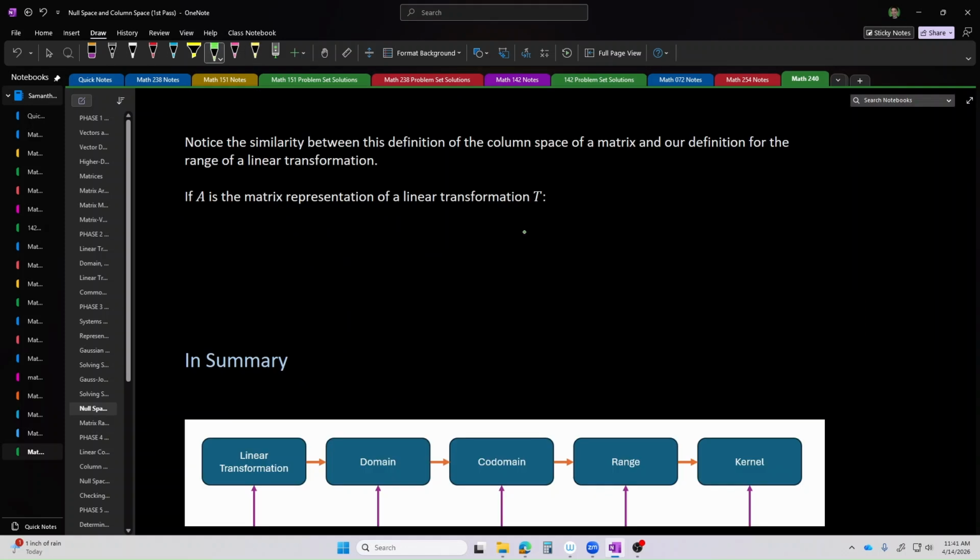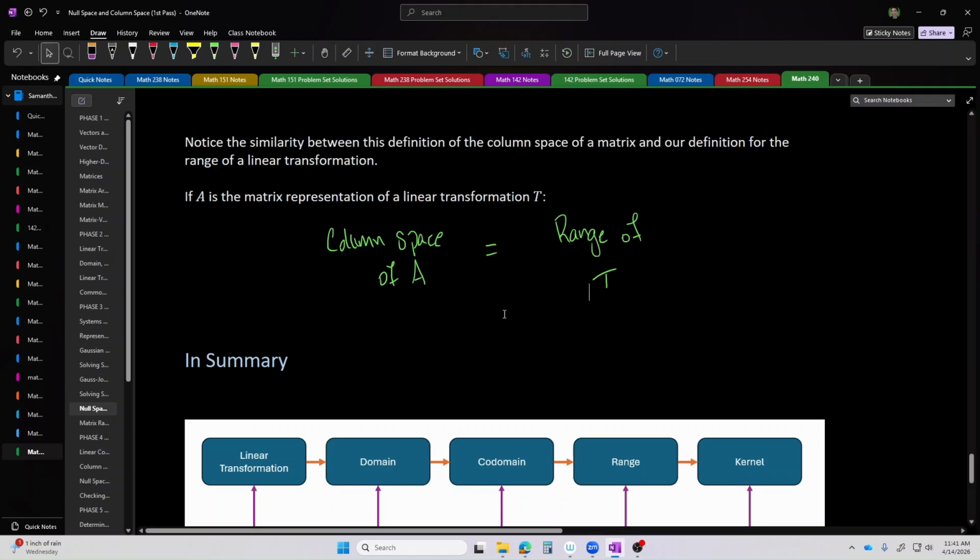And in particular, if your matrix A is a representation of your transformation T, then the column space of A is identical to the range of T. Those should be considered exactly the same, identical, interchangeable ideas, column space of a matrix and range of a transformation.